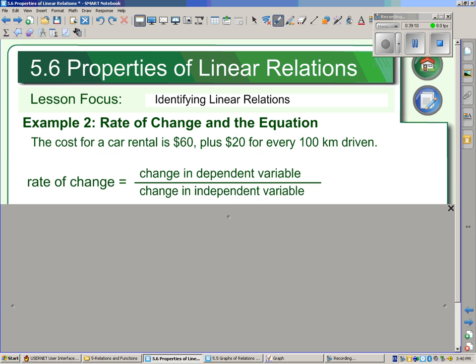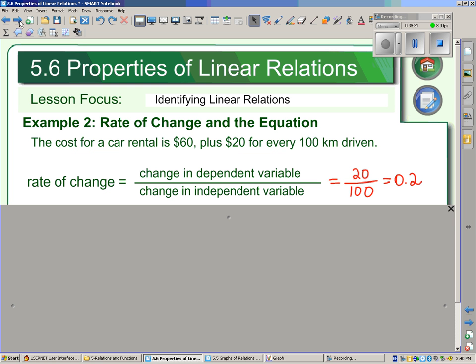Our rate of change is the change in the dependent variable over the change in the independent variable. So we've got 20 for every 100, 0.2. That's my rate of change.